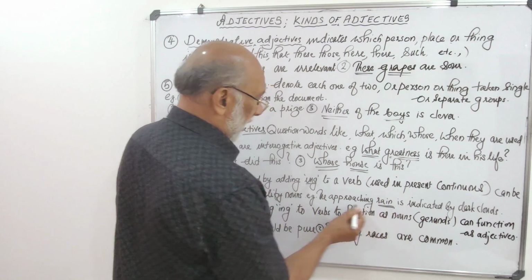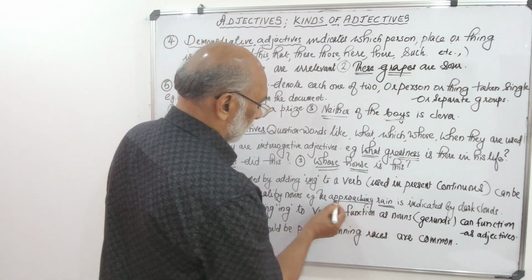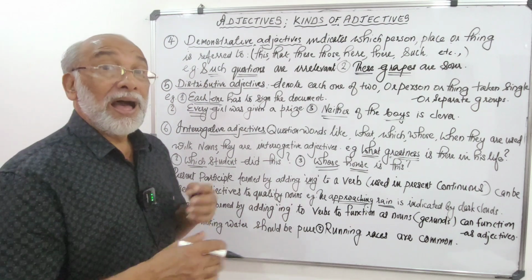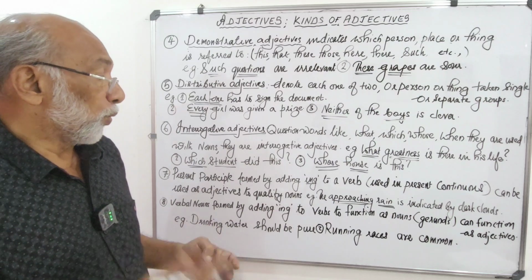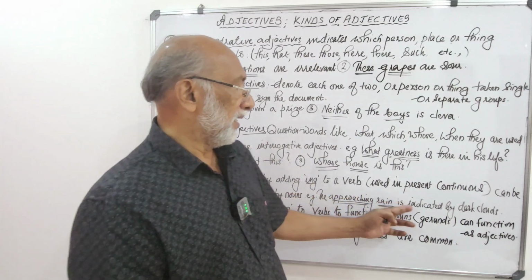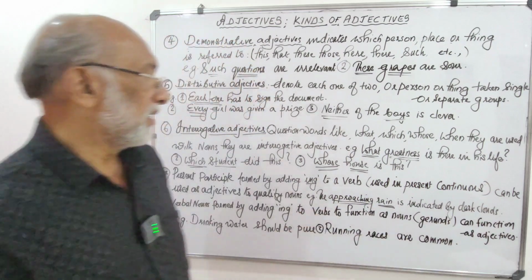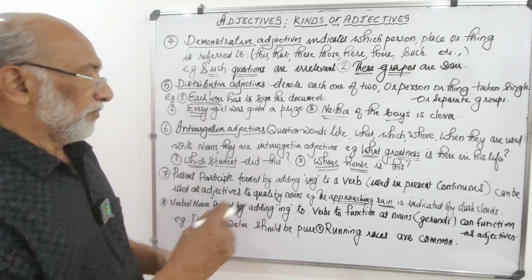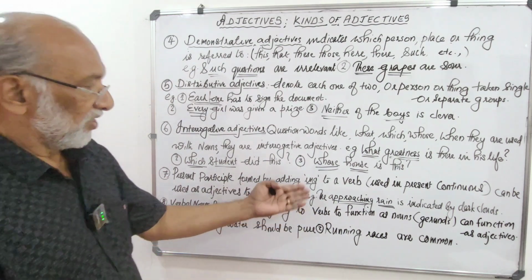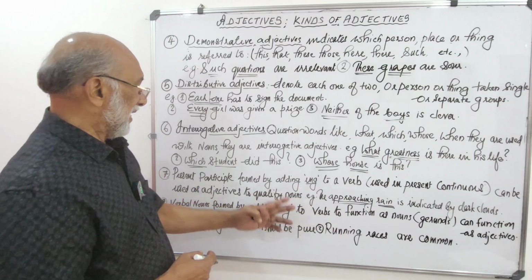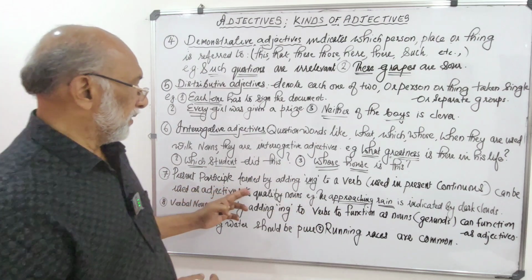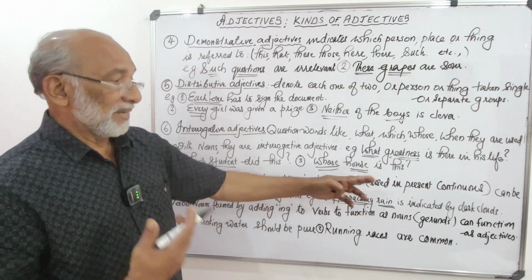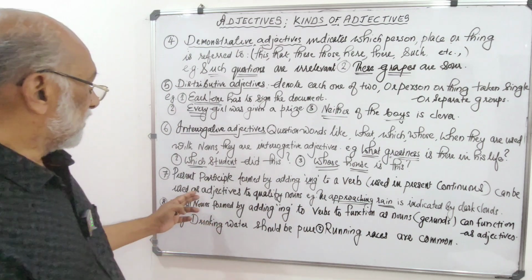Here rain is a noun and approaching is a present participle formed from the verb approach. Approach, approaching. So the approaching rain is indicated by dark clouds. So approaching here is a present participle formed from the verb approach. In this context it is used as an adjective.